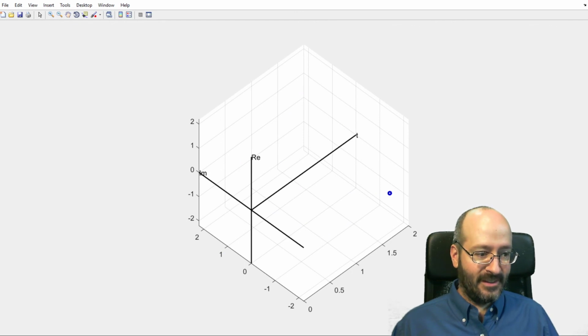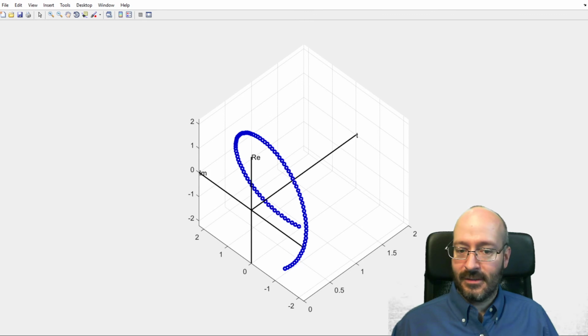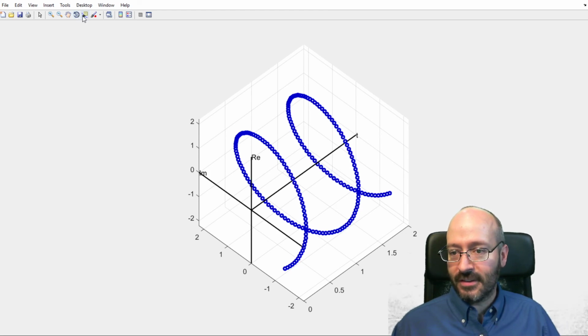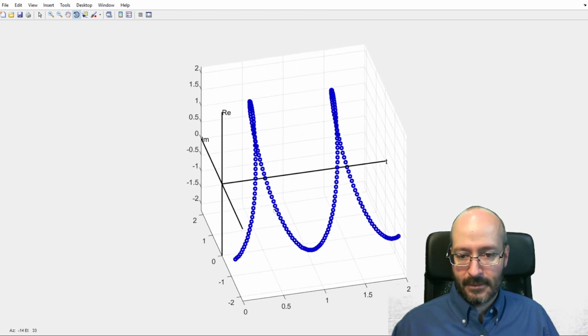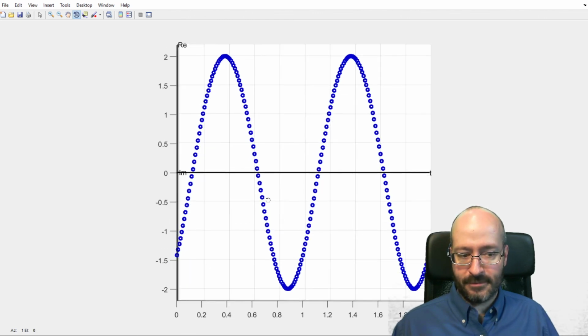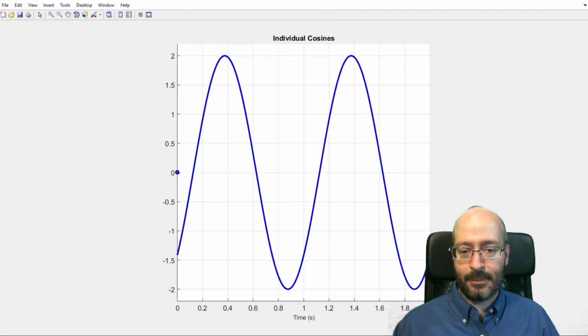We can leave that little smoke trail for our plane. And then if we plot the real component versus time, we get our function back roughly there. I'll make it look good right now. Ready? Snap it. And it's line on line with our original time domain plot.